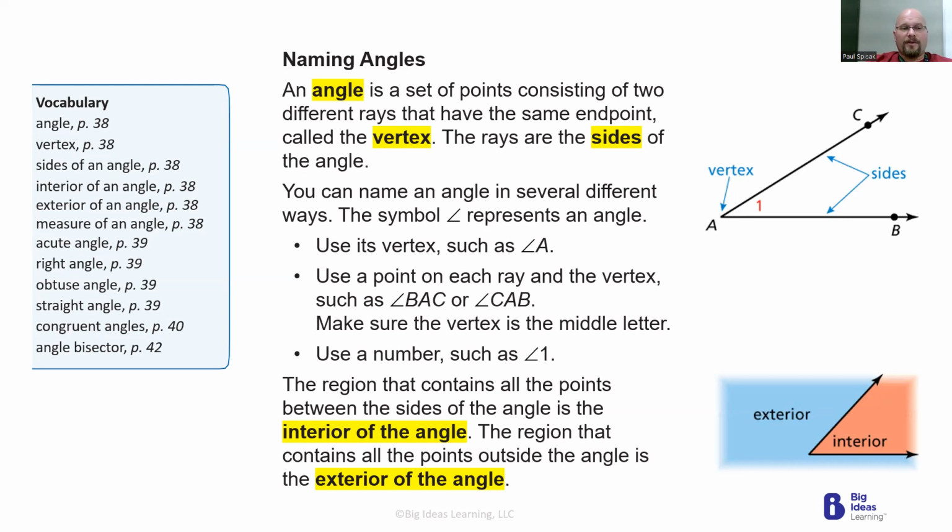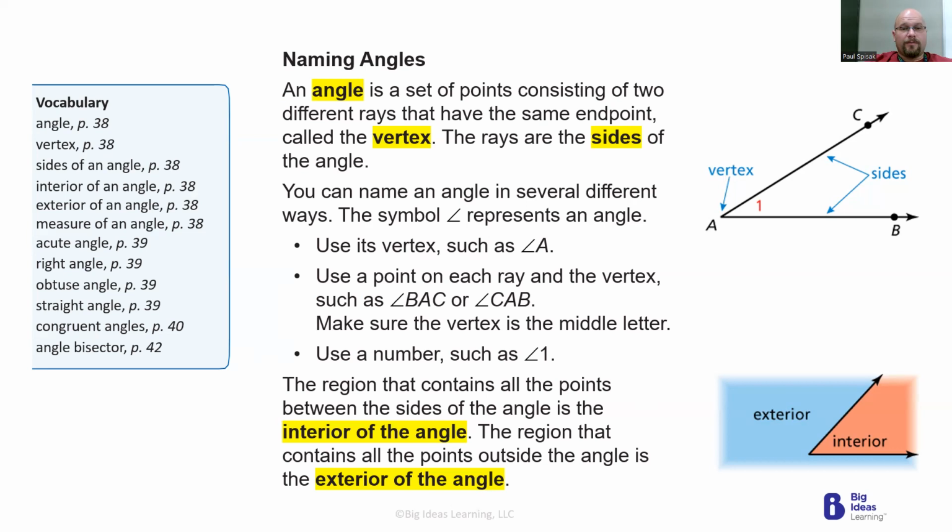So again, you have 3 options there using the letters, but then you also have one more option. If you have a number in the angle, like the one that's right in there, and it doesn't have any type of degree on it or any type of measure associated with it, then that number can also be used. So this could be considered angle 1.